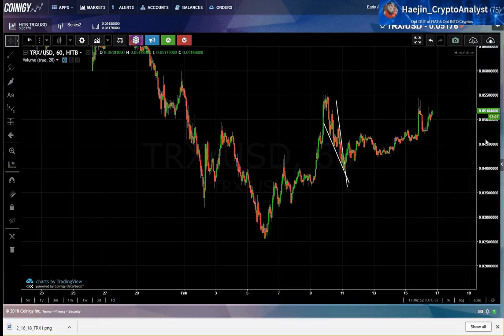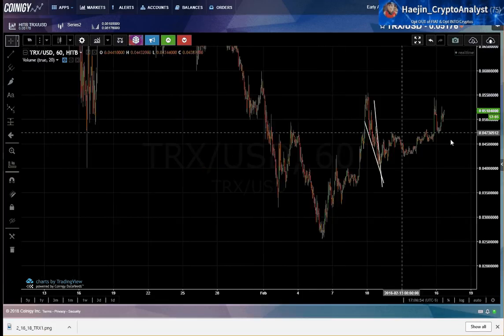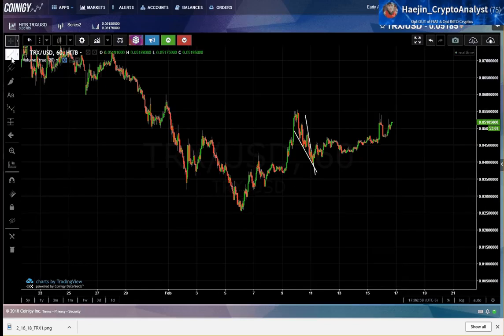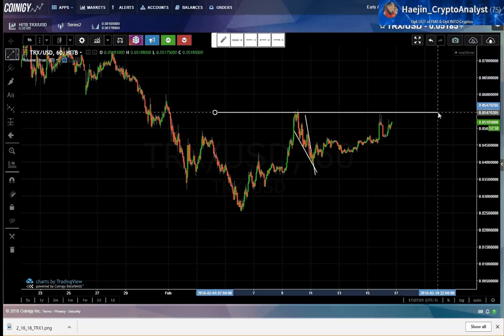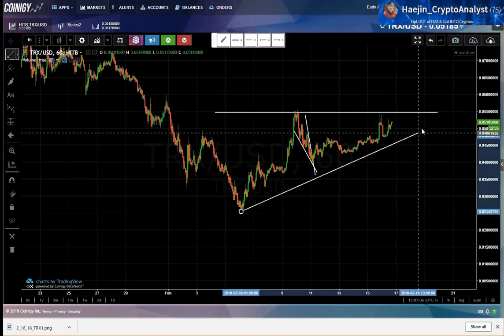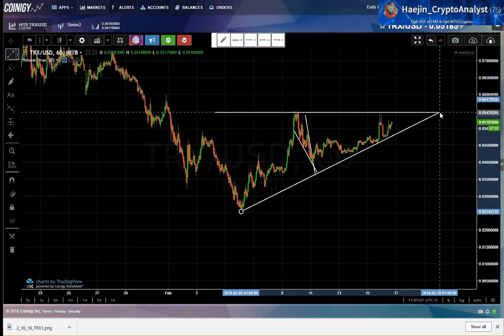But I think when you take a bigger look at it, there may be an overarching greater pattern in progress. That I think is an ascending right triangle.